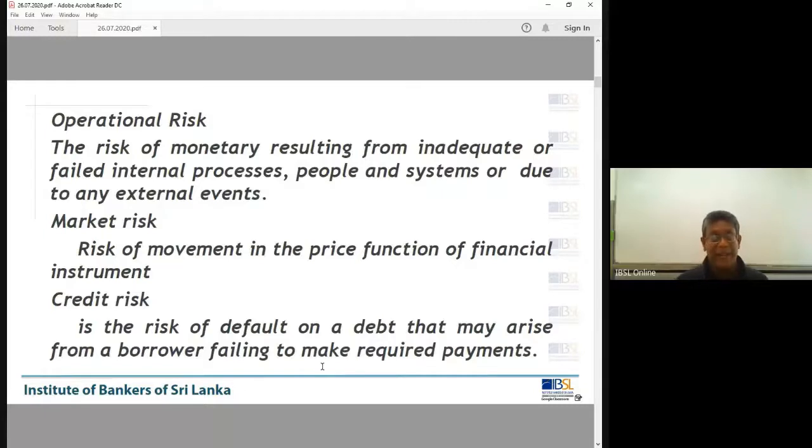Understood? Right. Likewise, or maybe due to policy, such as the interest rate. That is why these days lending interest rates are coming down and deposit interest rates are coming down, and that may be a problem.